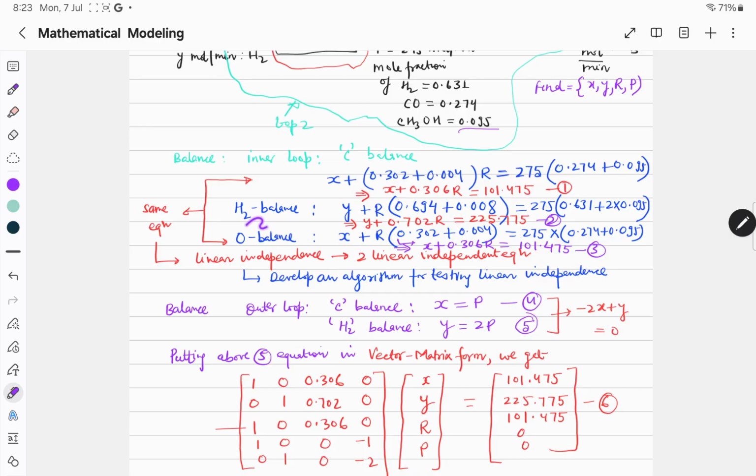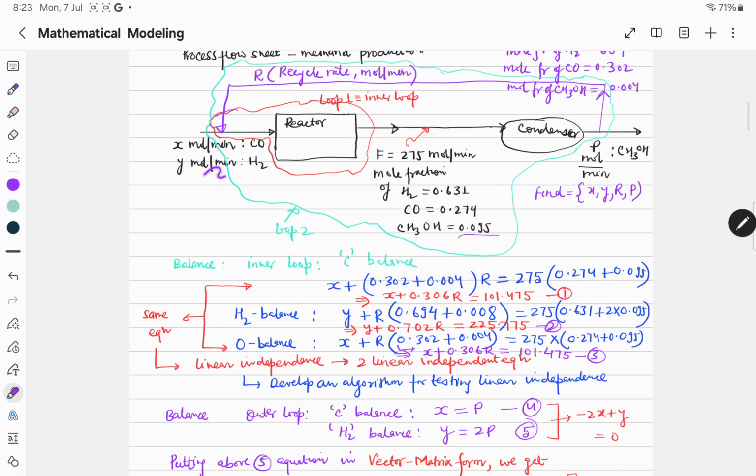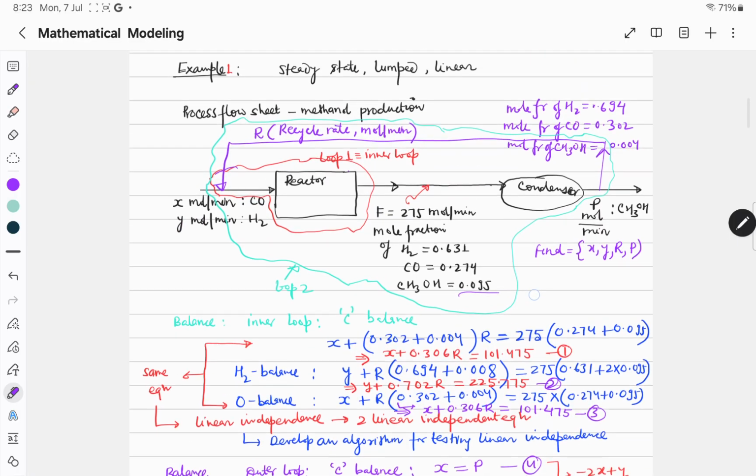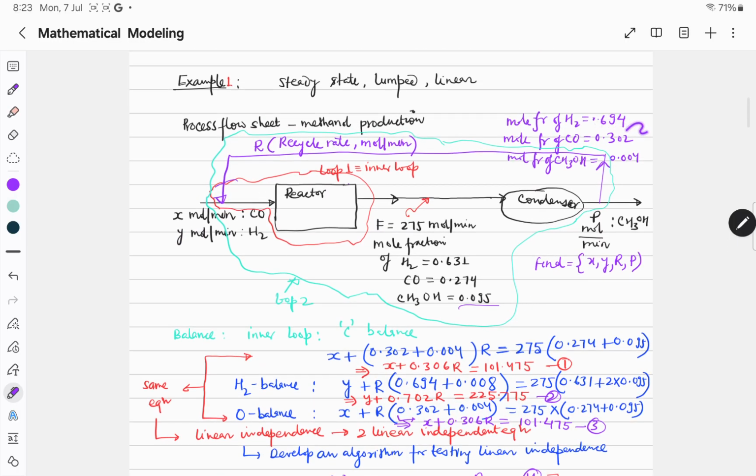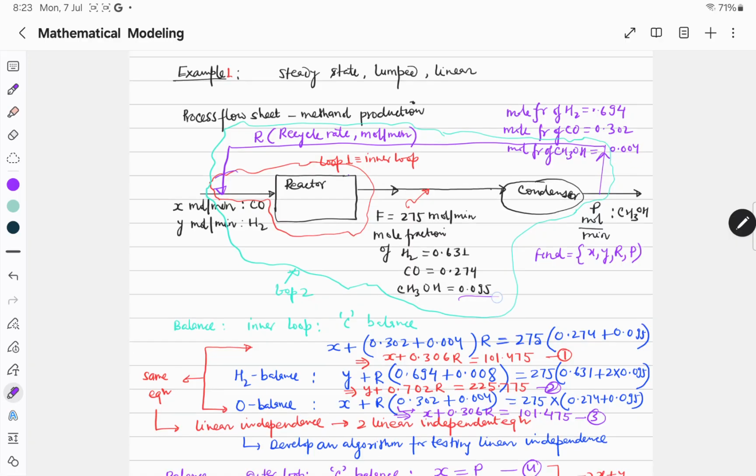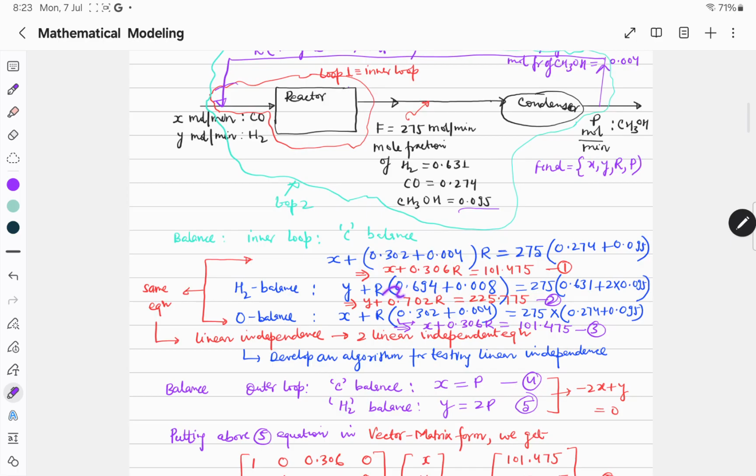And if you simplify, then the H2 balance: H2 means y, and through recycling you will get 0.694, and H also in CH3OH, where CH4O means 2 moles of H2, so 0.004 multiplied by 2, and R. So this is R multiplied by y plus R. This is in: 0.694 plus 0.008 is equal to 275 multiplied by 0.631 plus 2 multiplied by 0.095.